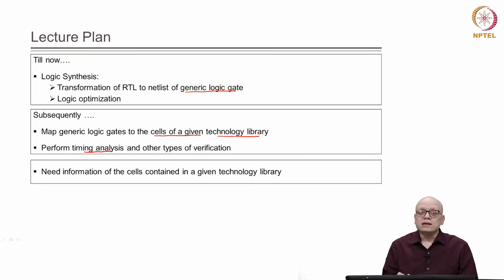So, the information contained in the technology library is very important for the subsequent design flow, not only for the implementation but also for the verification. In this lecture we will be looking into some details of the technology library.